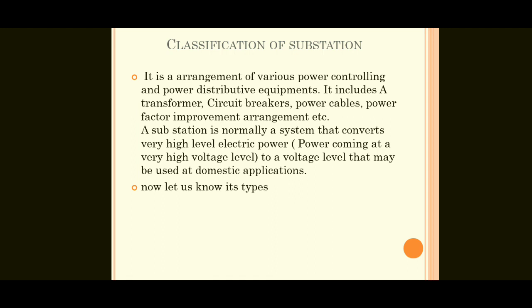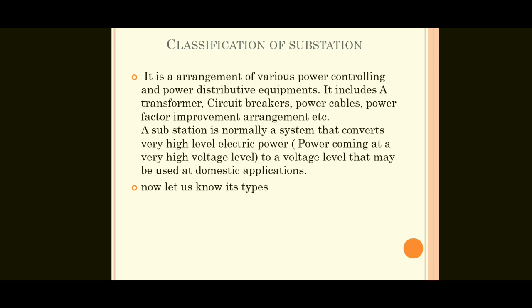Next one, classification of substation. It is an arrangement of various power controlling and power distributive equipments.